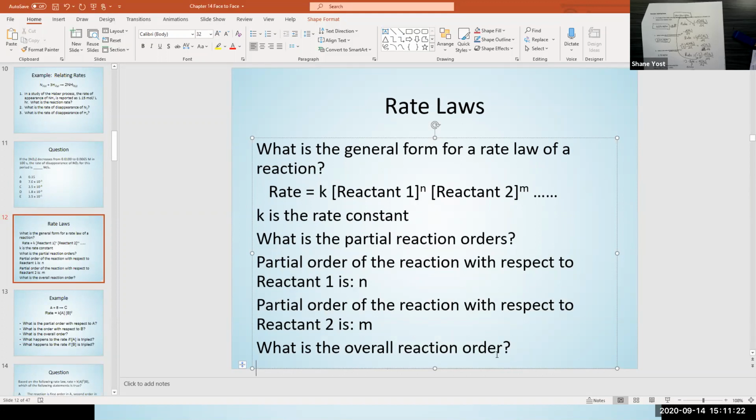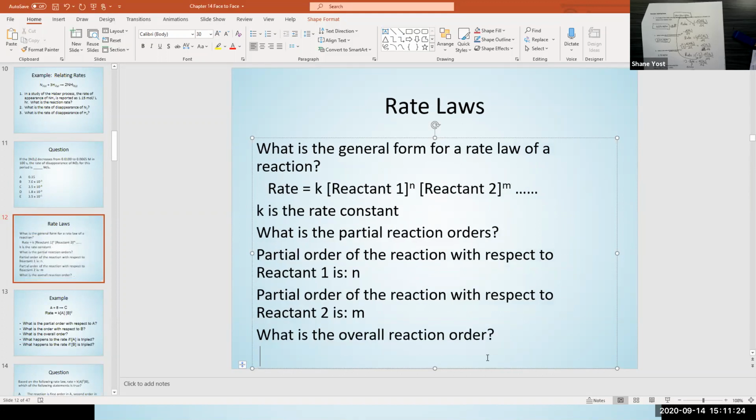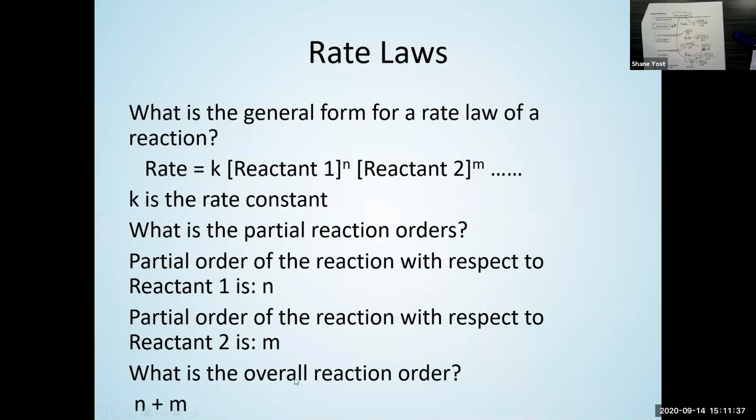And then what is the overall order of the reaction going to be equal to? Yeah, N plus M. So the overall order of the reaction is N plus M. It's the sum of all the powers. So if there were multiple reactants besides just the 2, the sum of all the powers gives you the overall order of the reaction.